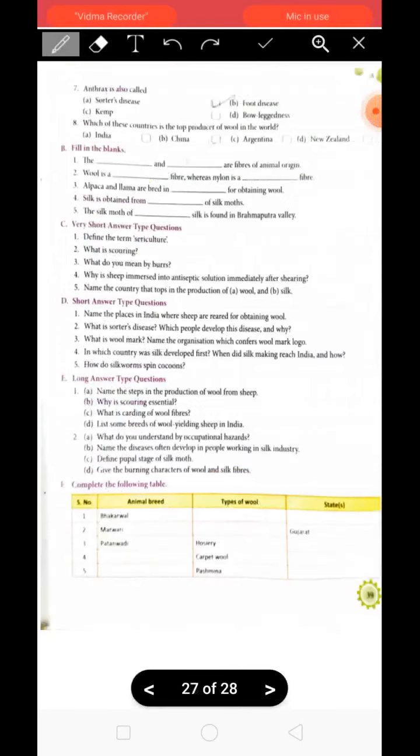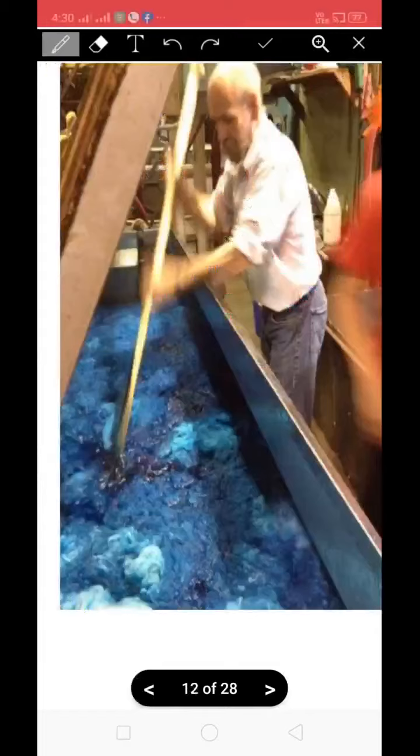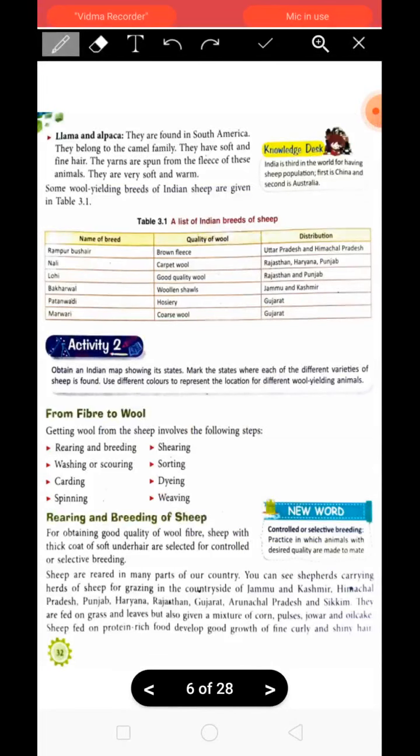Now, question number E1, 1A. Name the steps in production of wool from sheep. The production steps are mentioned in the book on page number 32. These are the steps to produce wool from fleece. Include the following steps.